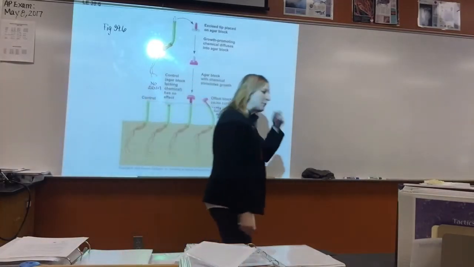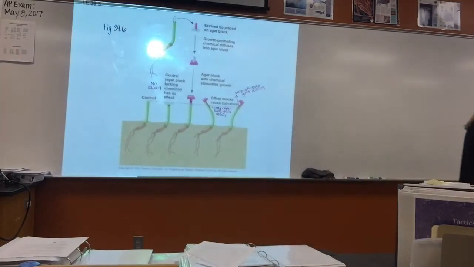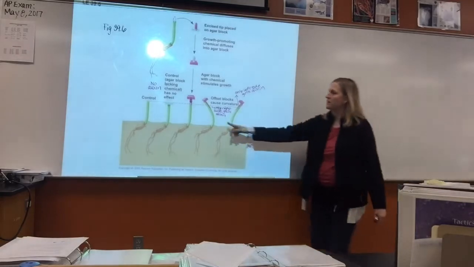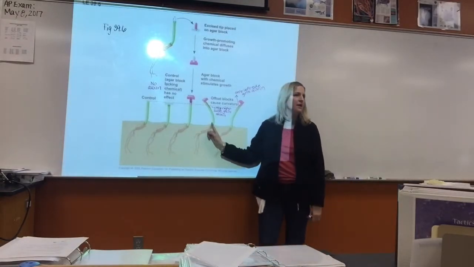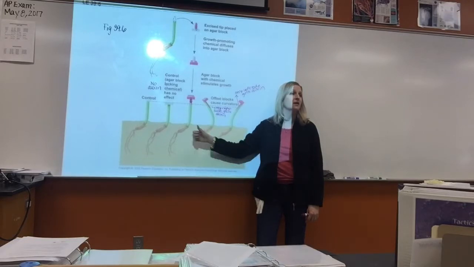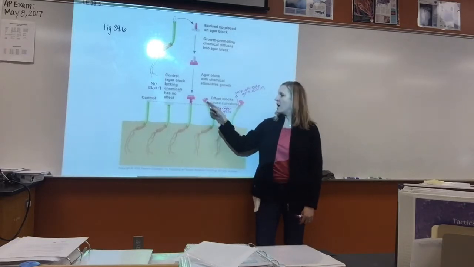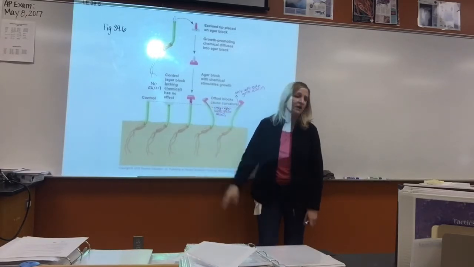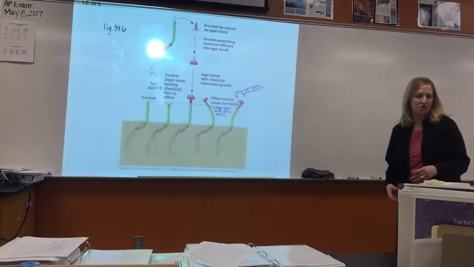So with sunlight, which side would the sun be coming in from for this one? If this was happening in the sun, it would be coming in from the left, right? And so the auxin is being produced only on the shaded side. That's why the elongation occurs only on the shaded side.